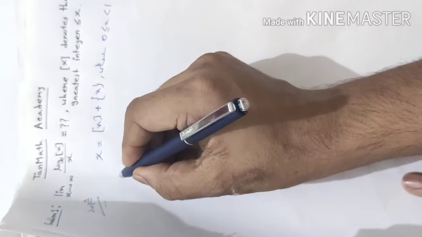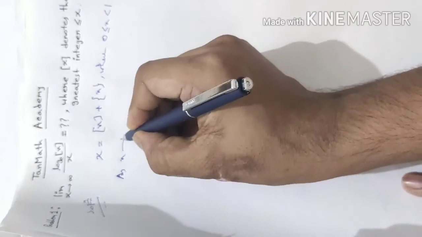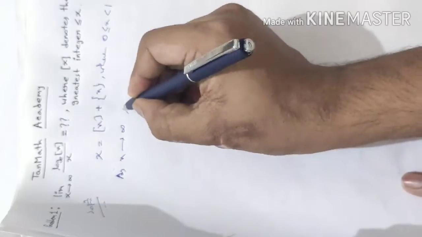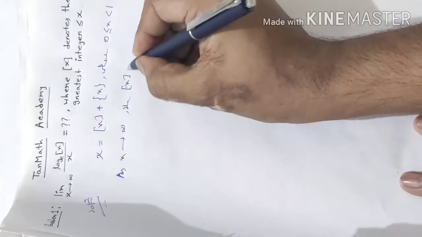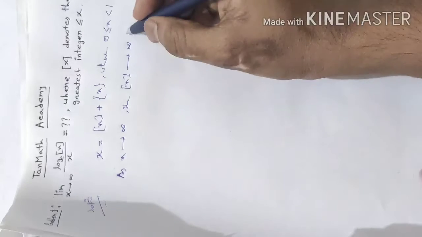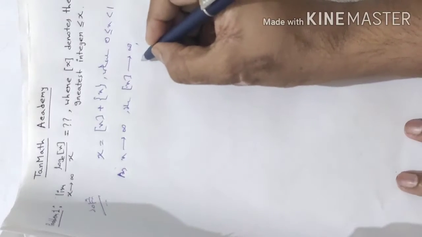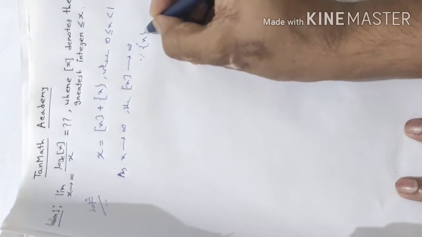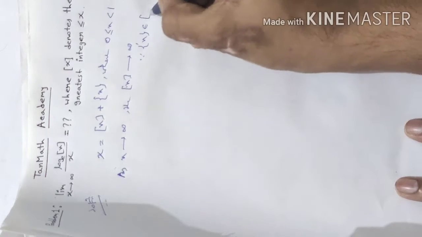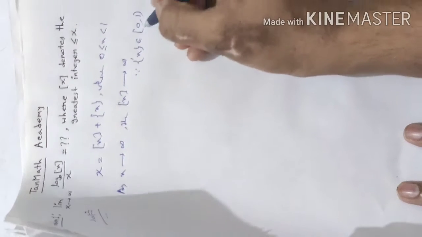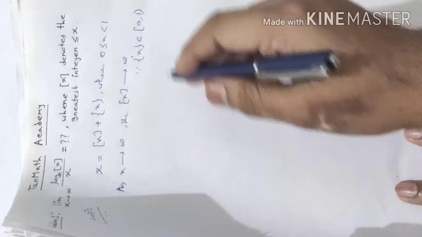Now as x tending to infinity, box x tending to infinity. Why? Since this part belongs to the semi-open interval [0, 1), right?